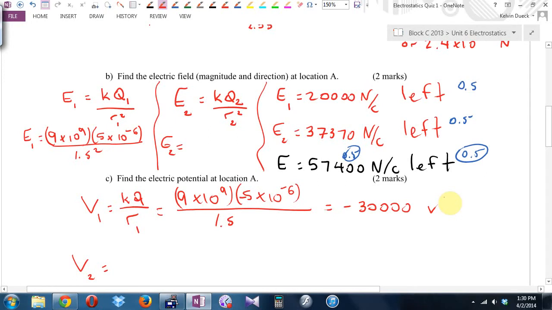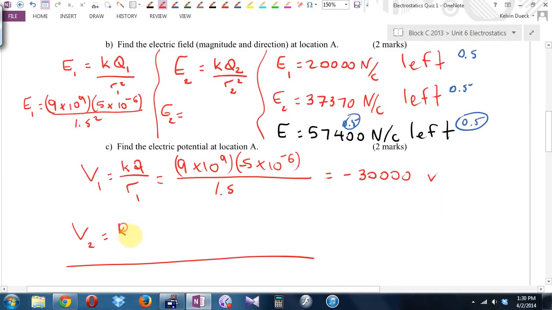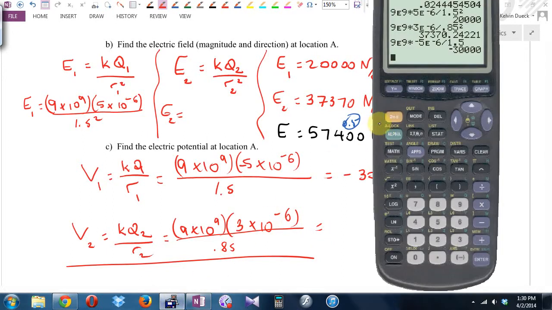I'm going to get a voltage from charge 2 of KQ2 over R2, 9 times 10 to the 9th, positive 3 times 10 to the negative 6, all over 0.85. Delete, 3.85.